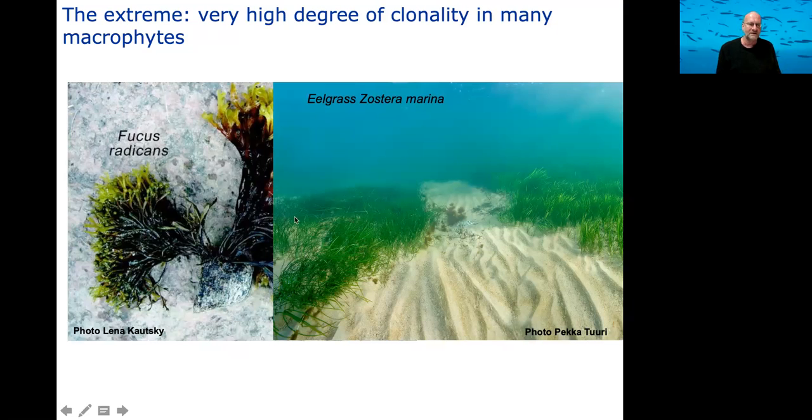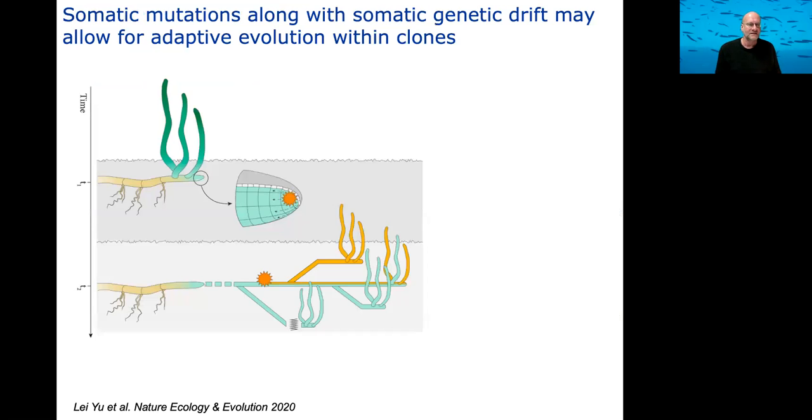Another really interesting example are these mega clones in the eelgrass that also at first sight seem to be genetically invariant. However, some recent work by our group showed that somatic mutations do seem to play quite a significant role in generating new genetic variation and distributing it among the branches, among the modules of a seagrass clone.